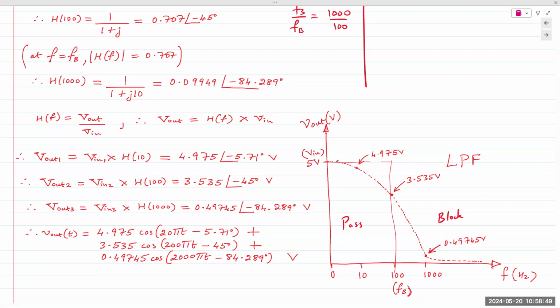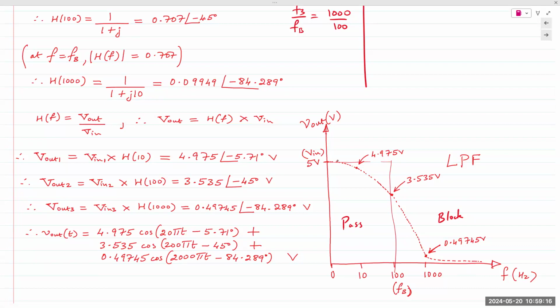Note that in real life, we have these filters, right? We have to have a cutoff point. We can't wait for it to go to 0 because it goes to 0 very far into the future, right? So 3 frequencies, 10, 100, and 1000. If it was an ideal filter, we would say, okay, 100 hertz, after 100 hertz, output should go to 0, all the way to 0.